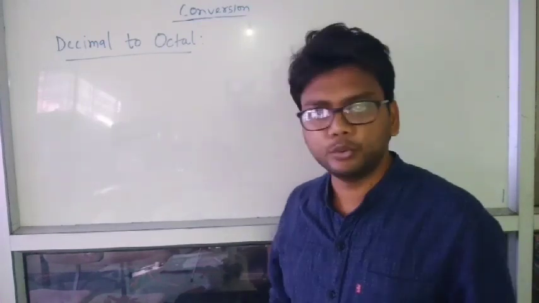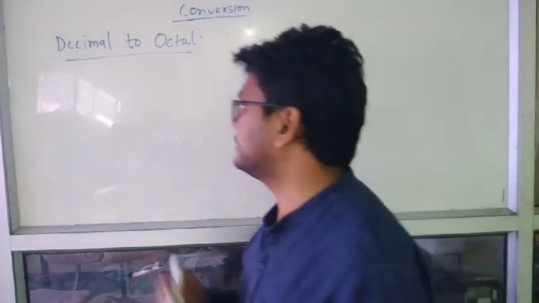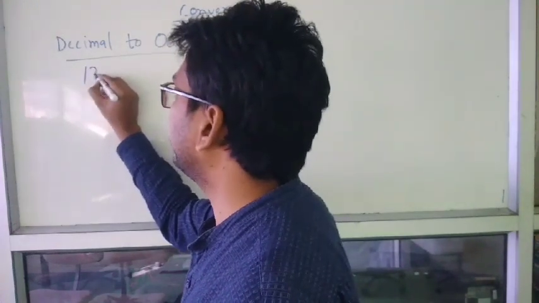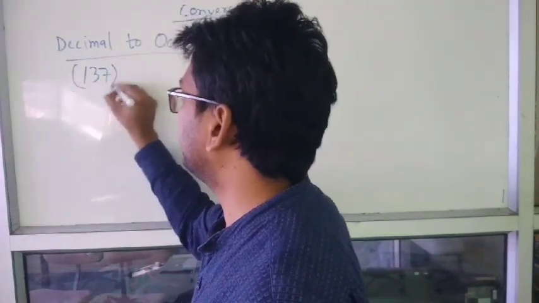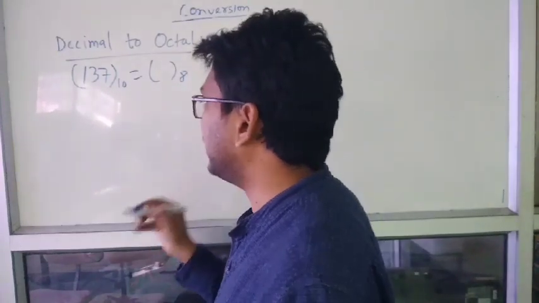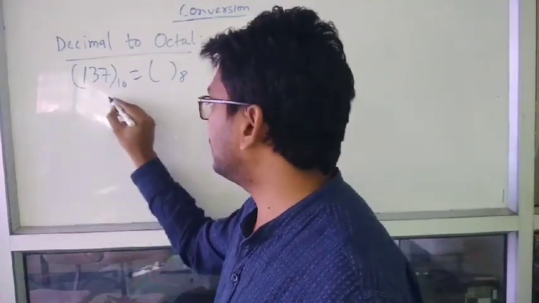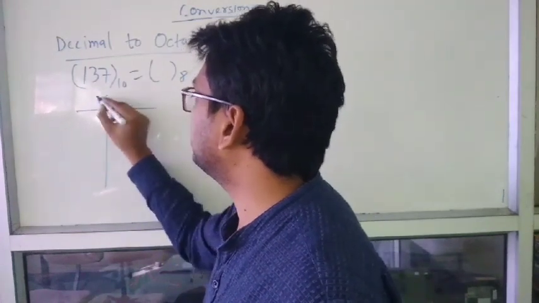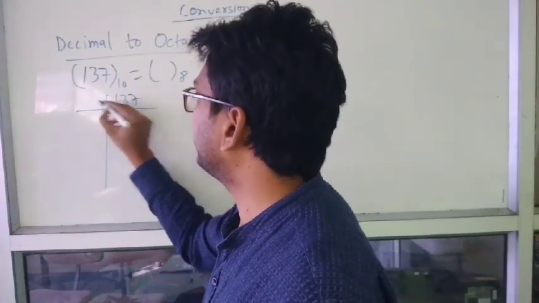Suppose we have a decimal value like 137, and if we want to convert this decimal number into the octal number system, what we have to do is divide this number 137 by 8.